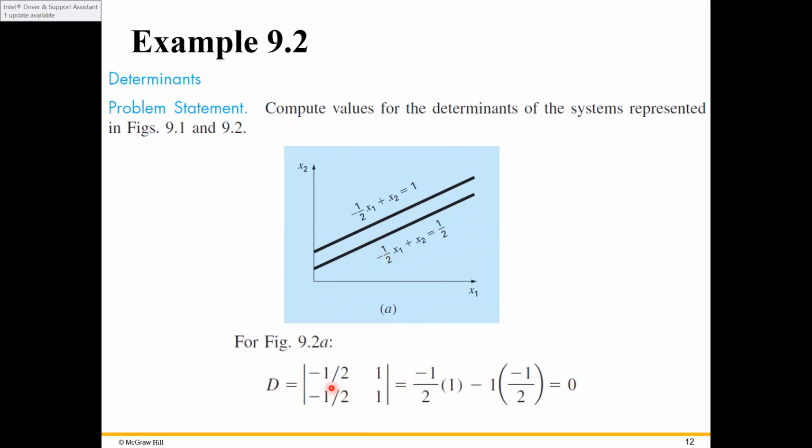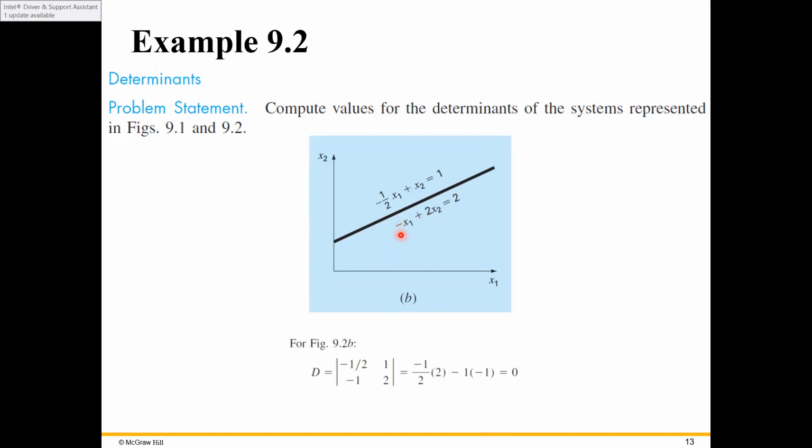If we cross multiply this in this way and that way, what we get is 0. As you can see, in this case these two lines are parallel to each other, so we found that their determinant is 0.